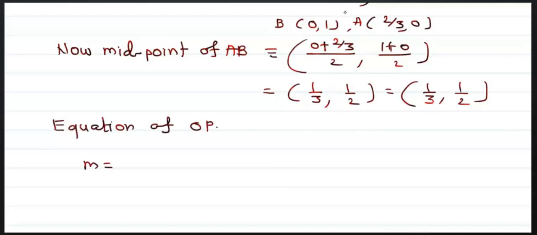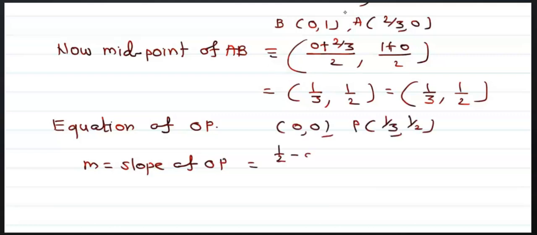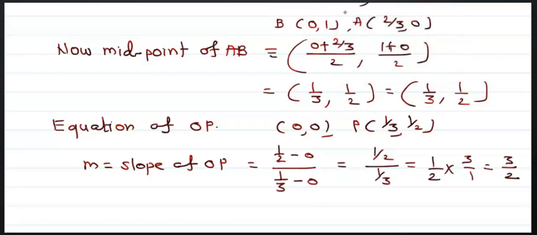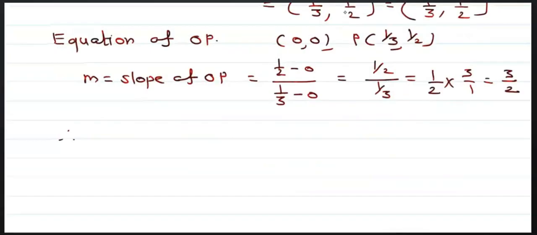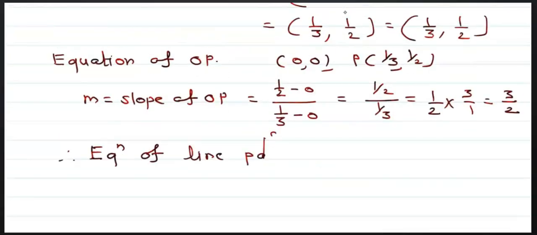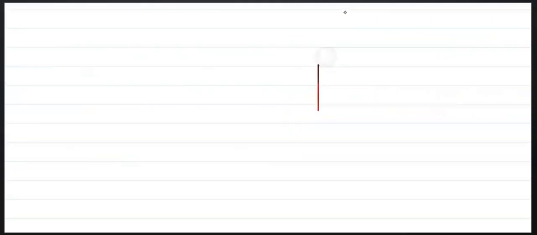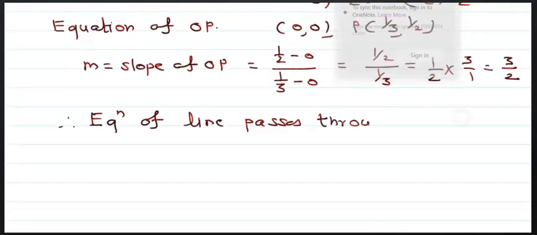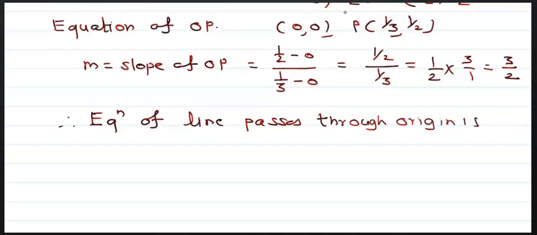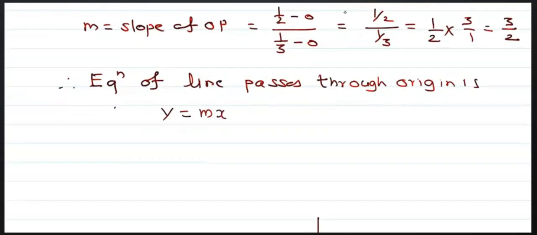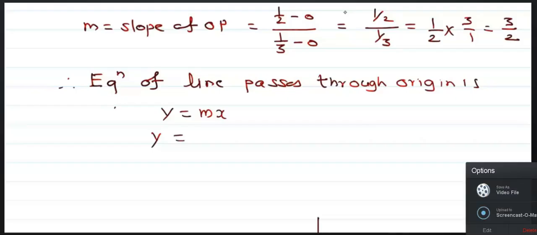Equation of OP: the slope of OP is (1/2 minus 0) over (1/3 minus 0), which is equal to 3/2. The equation of the line passing through the origin is y is equal to mx plus c, and the form is y is equal to mx.